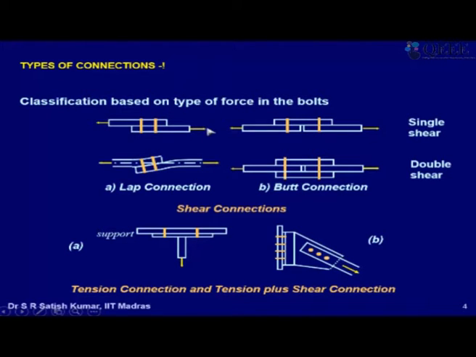So this way of thinking, that the applied force goes through the first set of bolts, half of it, in this case T by 2 since there are two bolts, and the other T by 2 goes through the second set of bolts, is called load path analysis, right? That is something which you should become familiar with because that tells you exactly what you are trying to do.